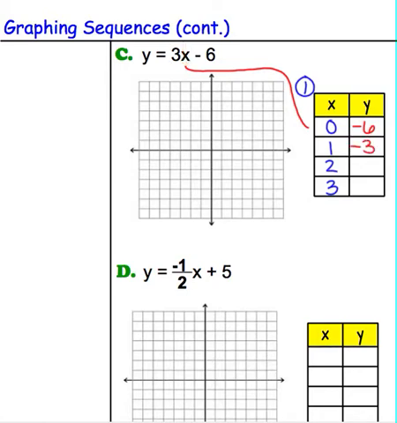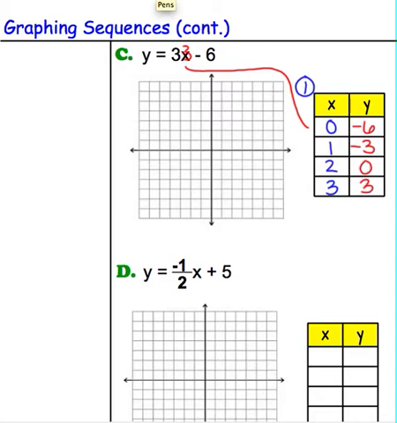Then I do 3 times 2, which is 6. 6 minus 6 is 0. Then I finally take 3 times 3, which is 9, minus 6, which is 3.